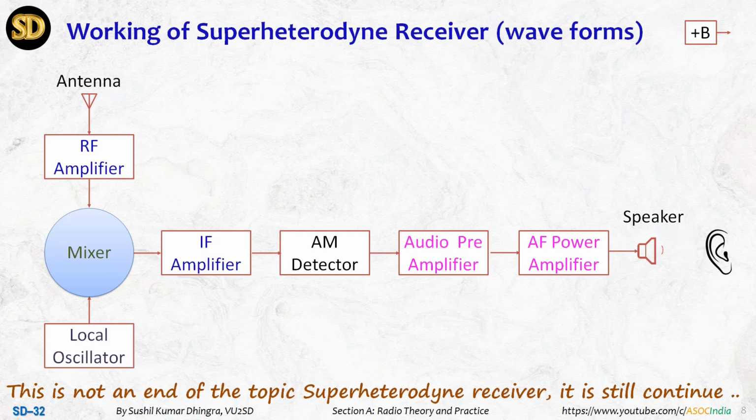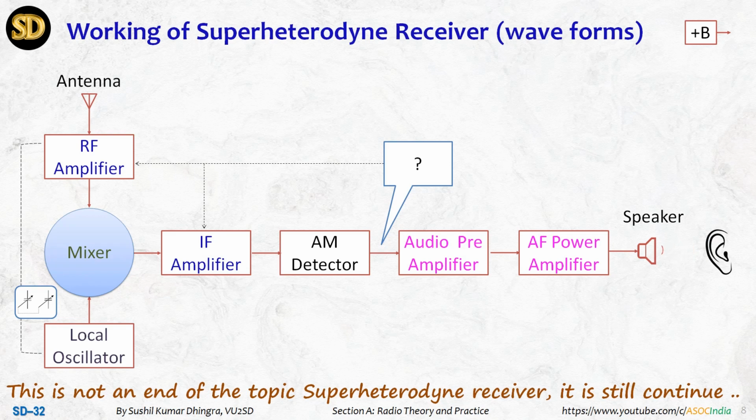This is not the end of the topic of the superheterodyne receiver, because there are so many terms you have to understand. This topic still continues. You have to understand the frequency variation, gang control, and what happens after the AM detector, because we have to control the previous IF section by AGC to stabilize it. We need to use a muting circuit or squelch circuit, so that when no signal is there we can avoid noise.